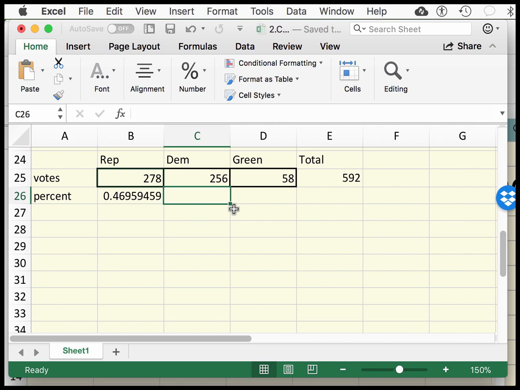Do the same thing for the Democratic candidate, equals number of Democratic votes is in C25, divide by the total, E25, and another decimal. Repeat for the Green Party, equals number of Green votes was D25, divide by the total, E25.